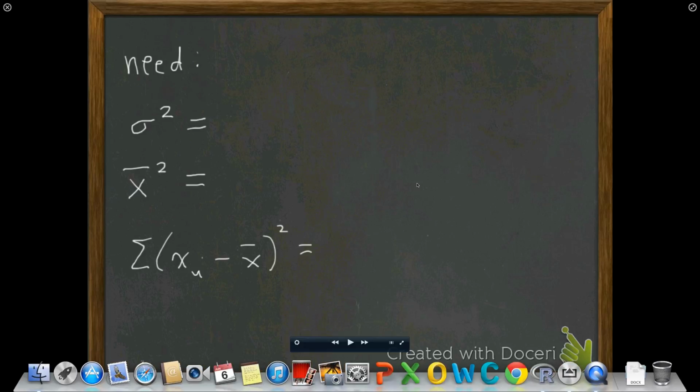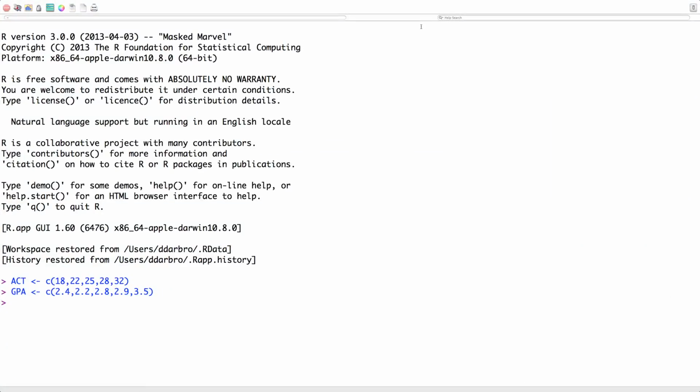So guys, let's run over to R, and you'll notice that to save time, I've already put the data in. To get the estimate of sigma squared, what we need to do is find the standard deviation of the error. Probably the best way is like we've done before.